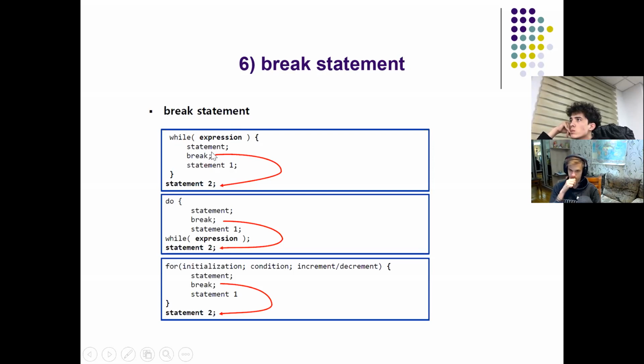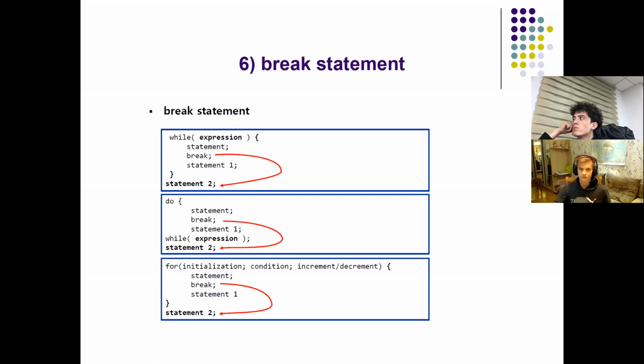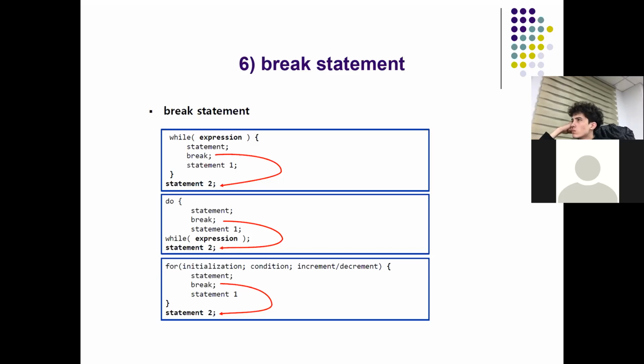For example, you are scanning a number from the user, and until the user enters 0, you can run your loop. Whenever the user enters 0, your loop should be terminated. How will you do this? You will use a break statement. After scanning each number, you check whether this number is equal to 0 or not. If it's 0, then you write break, and your loop will terminate automatically.